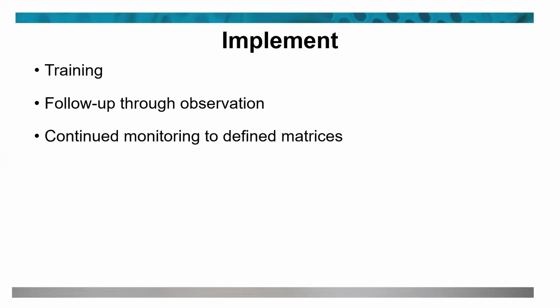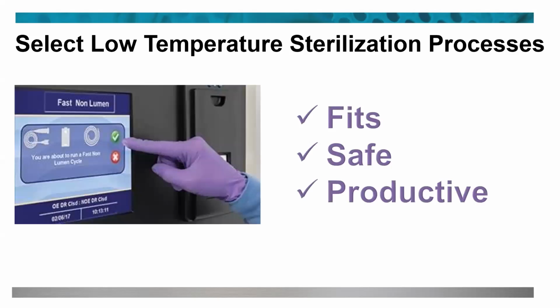Implement or utilize any kind of training materials that the manufacturer may have via their websites or in-person training, and then continued monitoring on this based on your facility's policies, whether they need to have yearly competencies or whatever kind of continuing education they need.